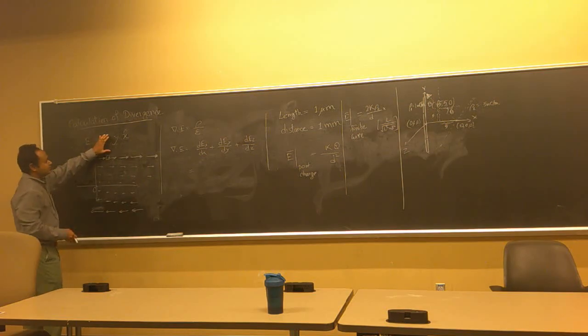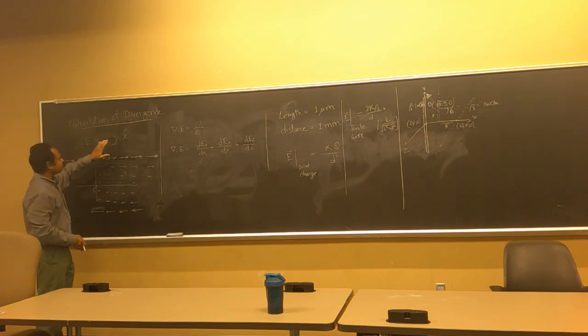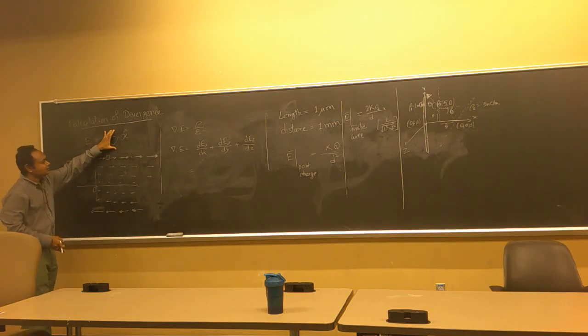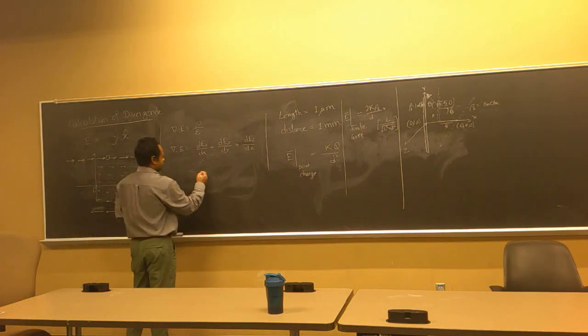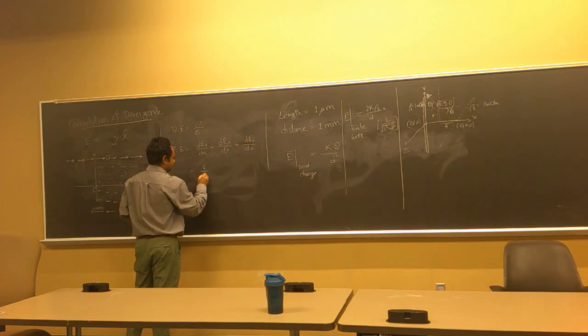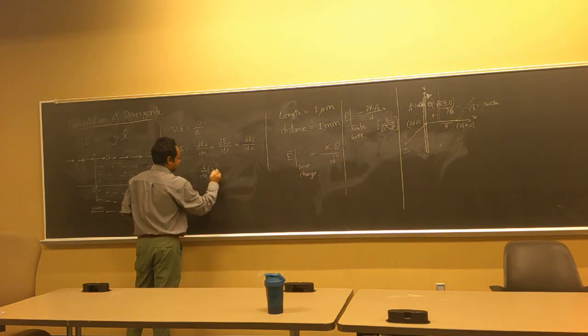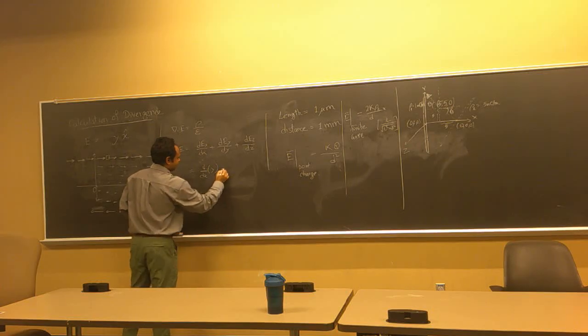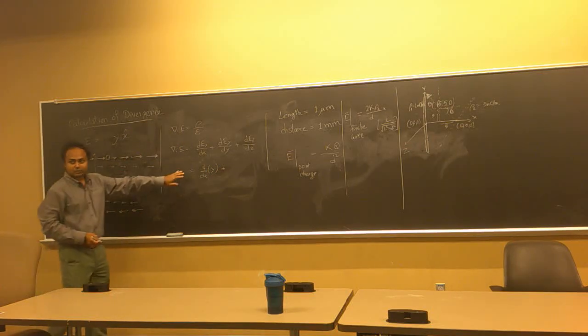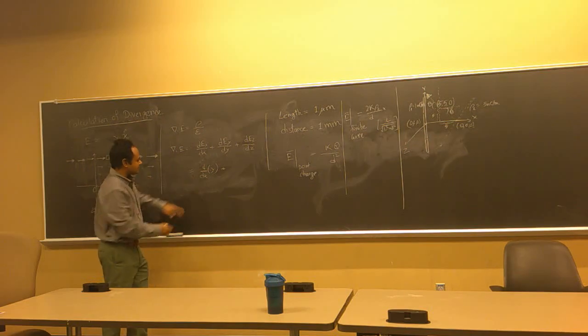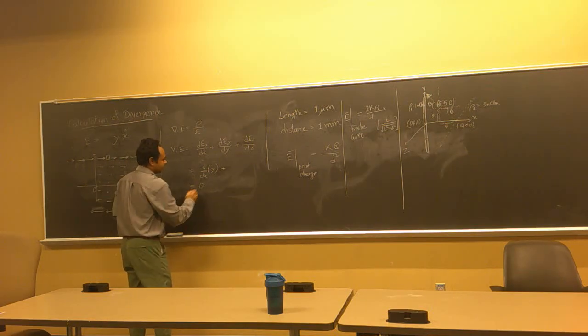Mathematically, if you calculate electric field, you can take the differentiation with respect to x. If you take the differentiation for this guy, what will be the result? So take only dx component, and the answer will be 0, right? So dy dx will be just 0.